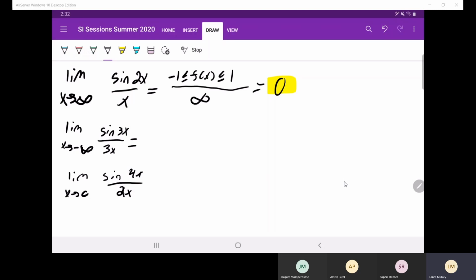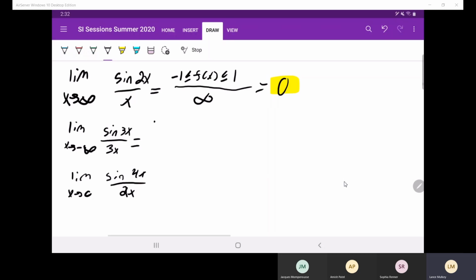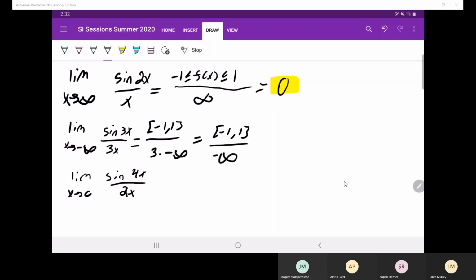No one? So again, this is going to be between -1 and 1. And this is going to be 3 times -infinity, which equals... now, I don't know about you, but I think -infinity is bigger, way bigger than -1 and 1. So essentially this one equals 0 as well.